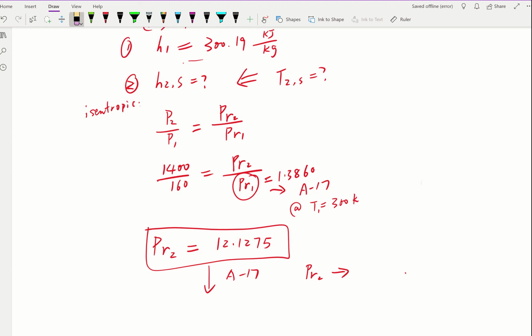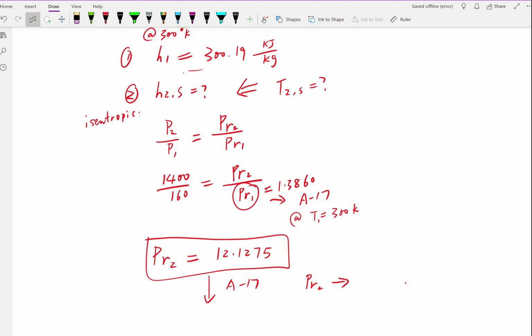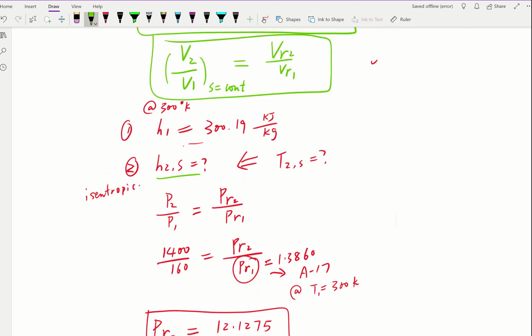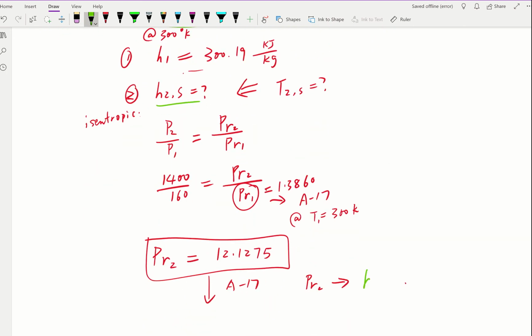Our goal is actually to find this H2S, because that's what we needed to find out, right? We need to find H2 for this isentropic process. We are doing the whole thing as an isentropic process. So PR2 is 12.1275. So let's go over there.